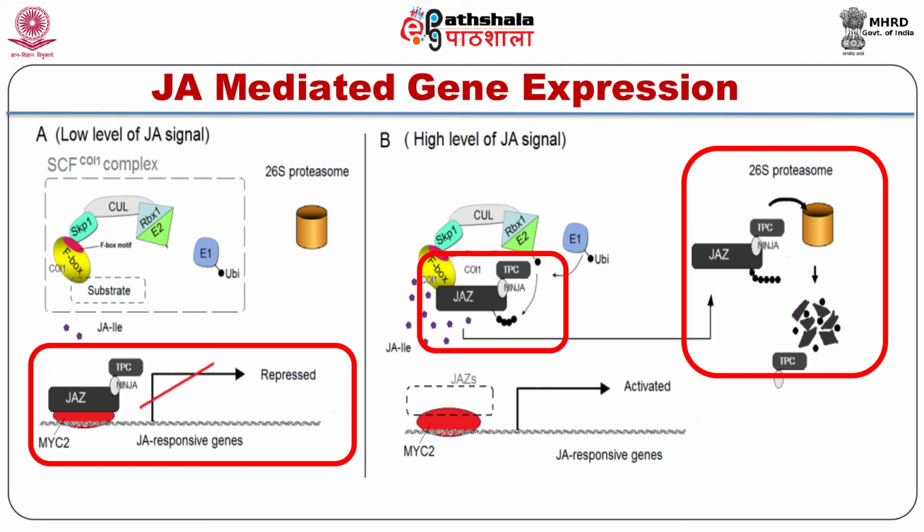Another protein called Jasmonate ZIM domain, or JAZ protein, is a transcriptional repressor and binds to MYC transcription factor. The complex of COI1 and JAZ is the receptor for JA signaling.